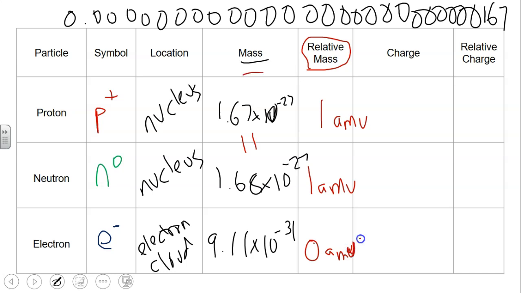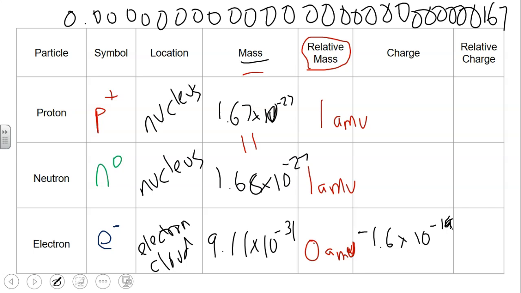Now for charge, this is the same sort of thing. The folks who determined the charge of an electron actually determined what we call the absolute charge, a charge that was very, very tiny, and it was negative 1.6 times 10 to the minus 19, and the units for that is coulombs. That's a unit of charge.